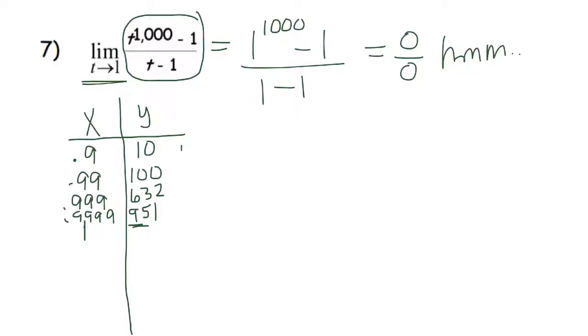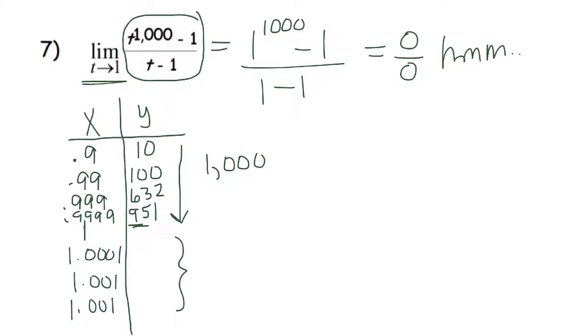So it looks like from the left side of 1, we are approaching 1,000. Now if we go to the other side of 1 and we do 1.0001 and 1.001 and just see what some of these values are, believe it or not, you should get something close to 1,000 over here.